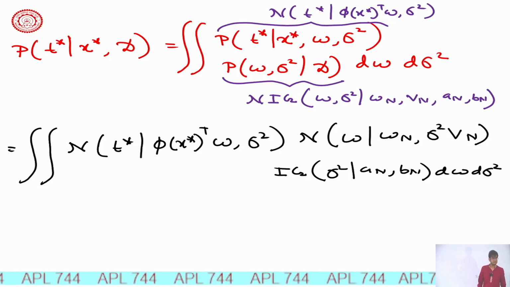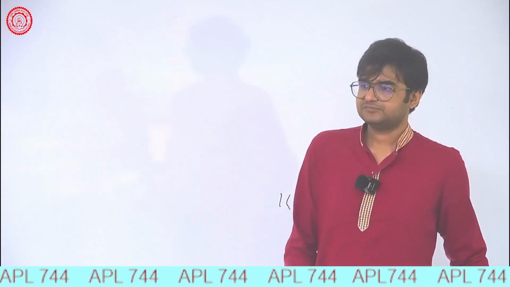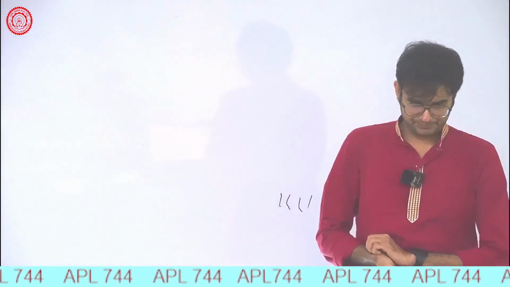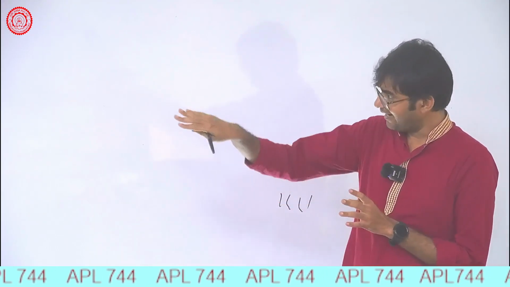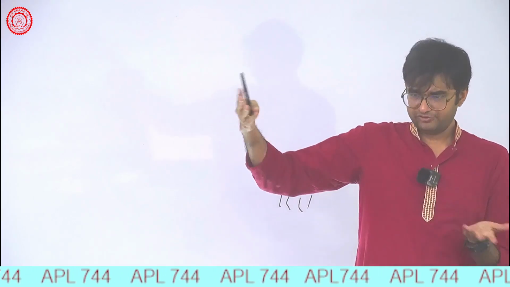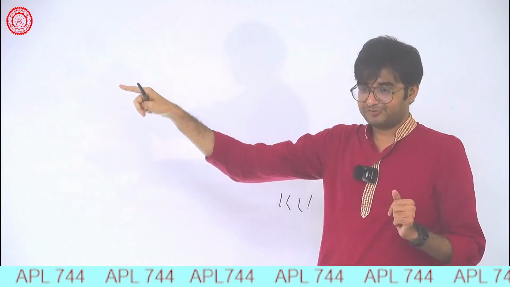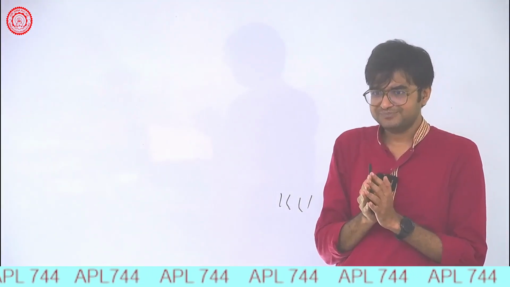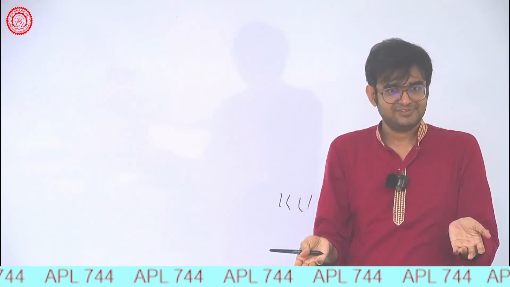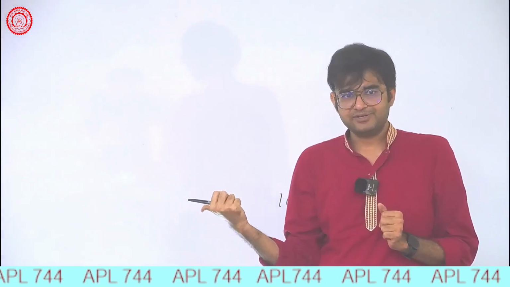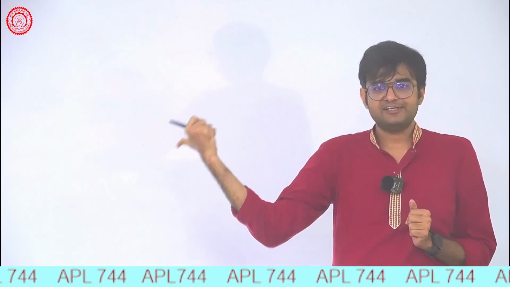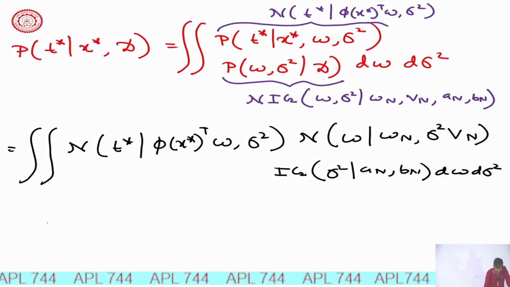Clear? Now let us make some observations. Inverse gamma does not have any W. So when I integrate over W, that term will be like a constant, but the Gaussian over W has sigma square. So first I have to integrate out W, and only then can I integrate out sigma square. So the inner integration should be over W, the outer over sigma square, and inverse gamma should only be in the sigma square one. Clear what I said?